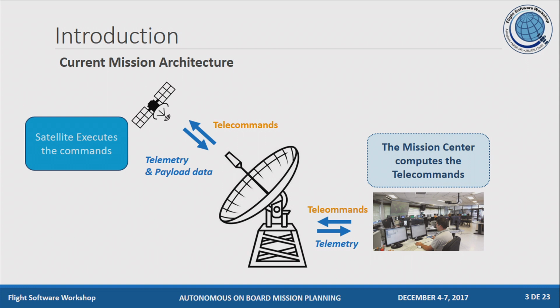Regarding the planning, the mission center configures the plan, generates the telecommands, and then sends that set of telecommands to the satellite. And it costs the mission center around 90% of the contact time to send those telecommands. So the satellite finally only executes those commands.